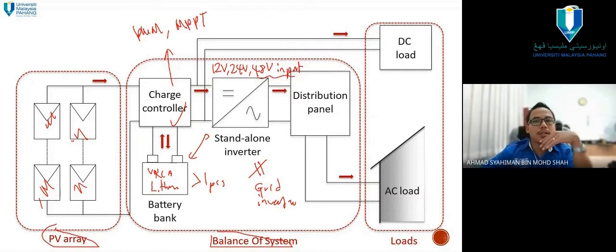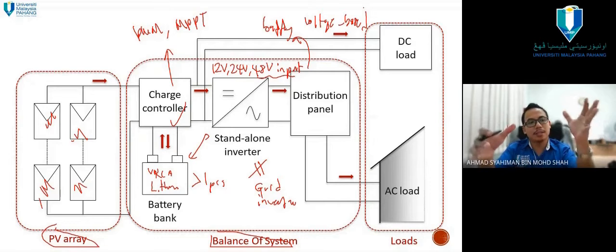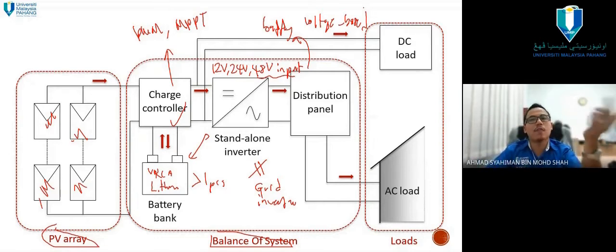Based on the battery, mean the battery voltage base. Okay, basically the input of the standalone inverter is based on a 12 volt battery. Okay, that's why we have the 12, 24 and 48 inputs of the standalone inverter.